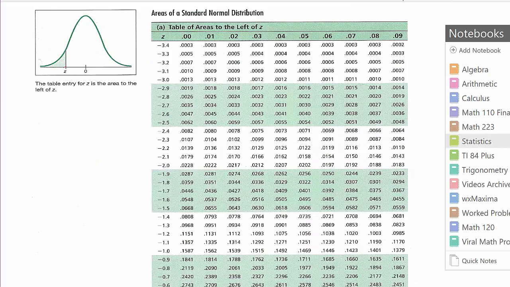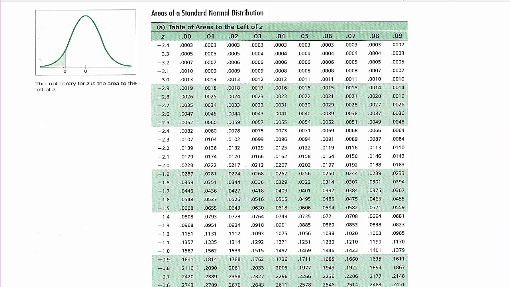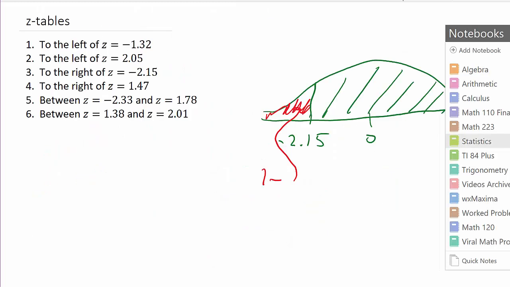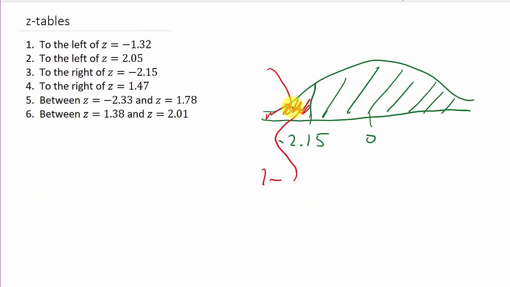We need to go to the negative table. We're looking for negative 2.15. So there's negative 2.1, and then our second decimal place is a 5, so we're in this column. This is the area to the left of that z value, 0.0158.